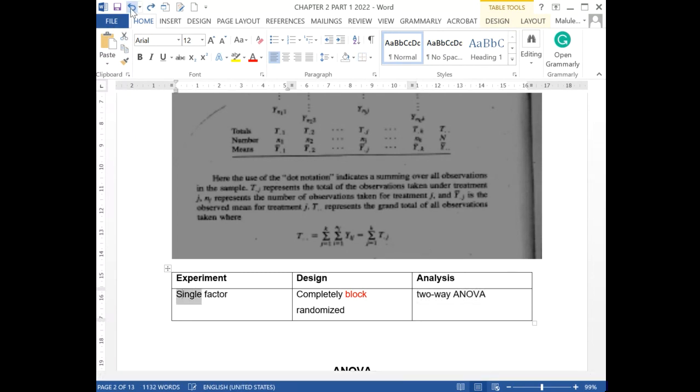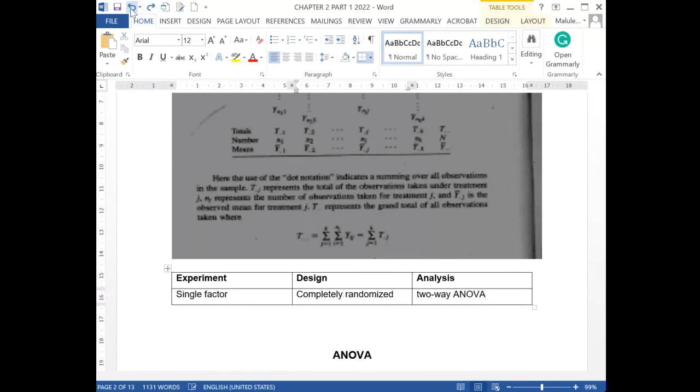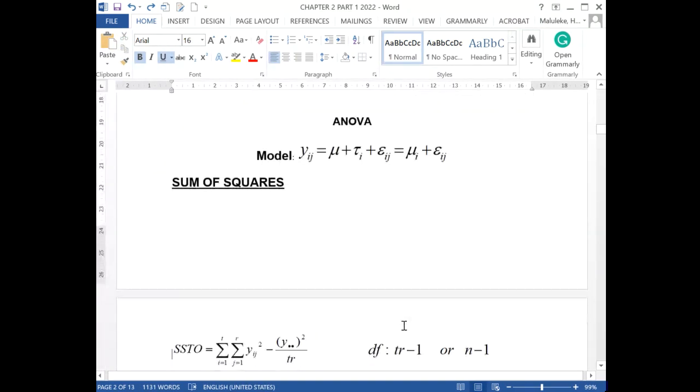But for chapter 2, we're having single factor, one-way ANOVA. So we're only going to assess the treatments. Are the three methods different from each other? That is our focus.